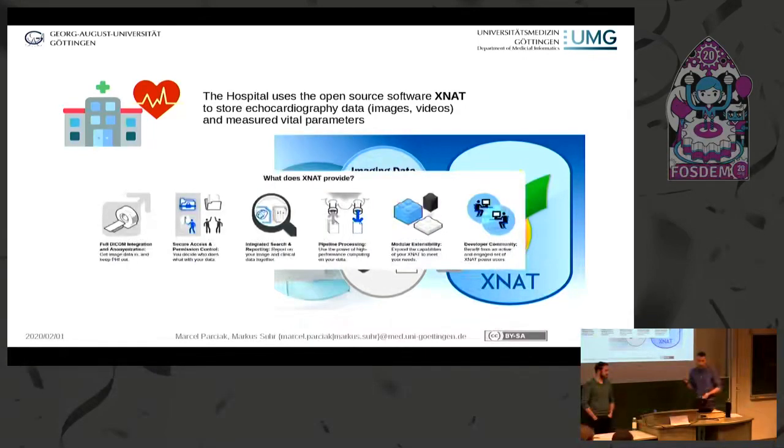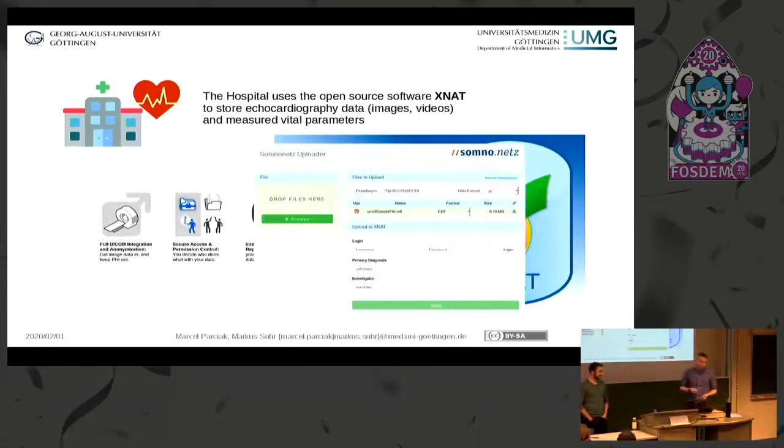XNAT is a very extensible open source tool. You can not only store the images and share them with your colleagues, you can also plug in analysis pipelines like ImageJ to run analysis on the images and data that is stored in there. And in the end, it gives you web-based user interfaces for image upload, also image viewers, etc.